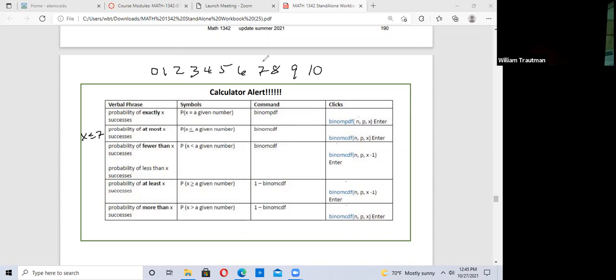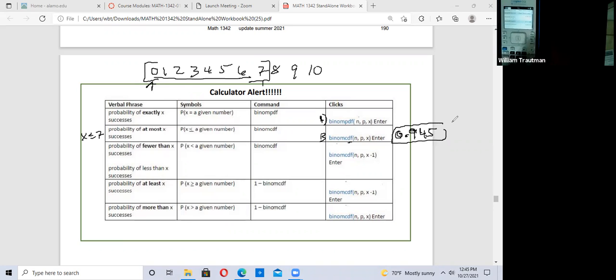And at most 7 means all of these between 0 and 7. When we put this in our calculator, we used CDF this time, and that was B on our calculator. This was A on our calculator. And the probability for this is 0.945. So that's at most.